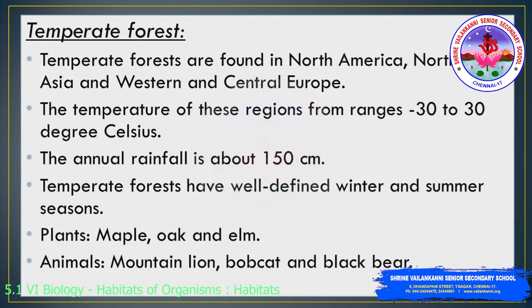The temperate forests have well-defined winter and summer seasons. The plants that are commonly found in the temperate forest are maple, oak, and elm, whereas the animals that are commonly found are mountain lion, bobcat, and black bear.